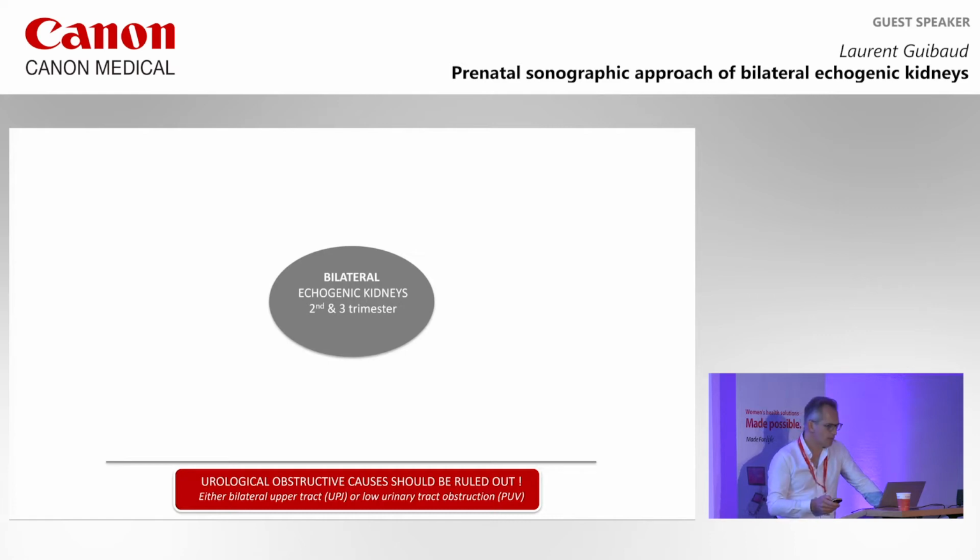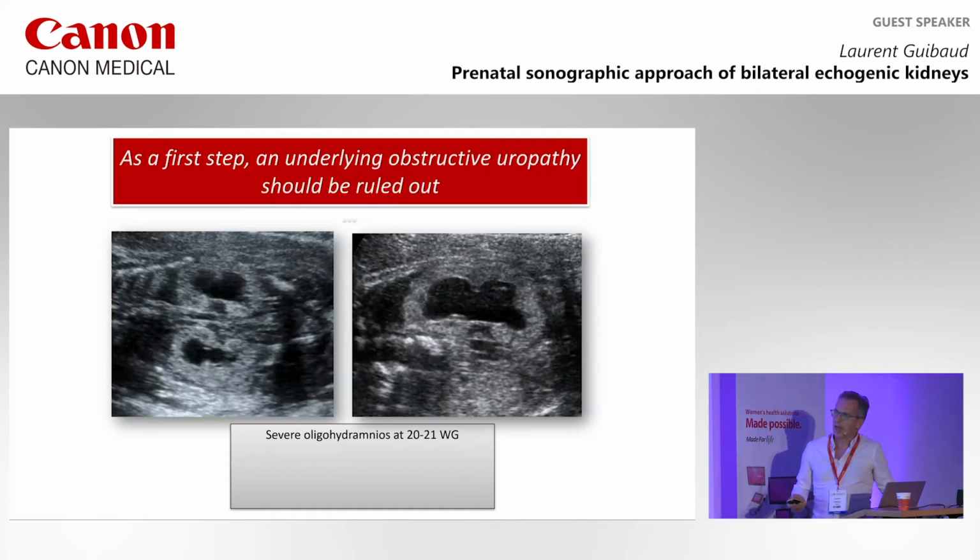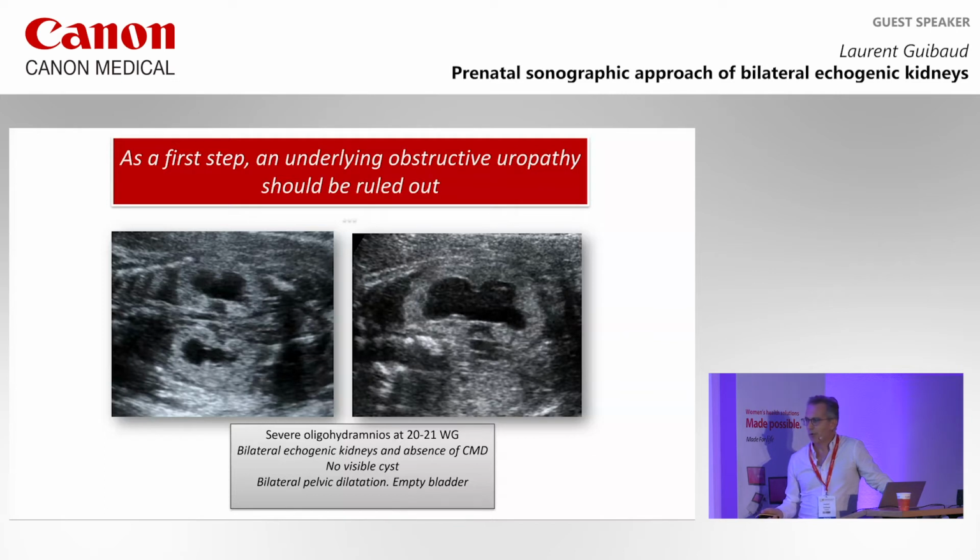Sometimes it's not very simple, as in this case. You see this patient at 20 weeks, and you see it's globally echogenic, no corticomedullary differentiation, and as there is no visible cyst, there is bilateral pelvic dilatation and an empty bladder. Nothing else when you scan all the baby, and no familial history. What is this?